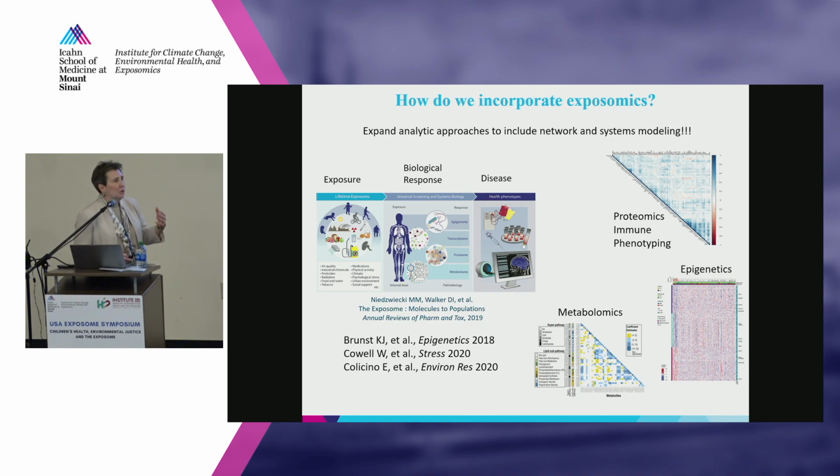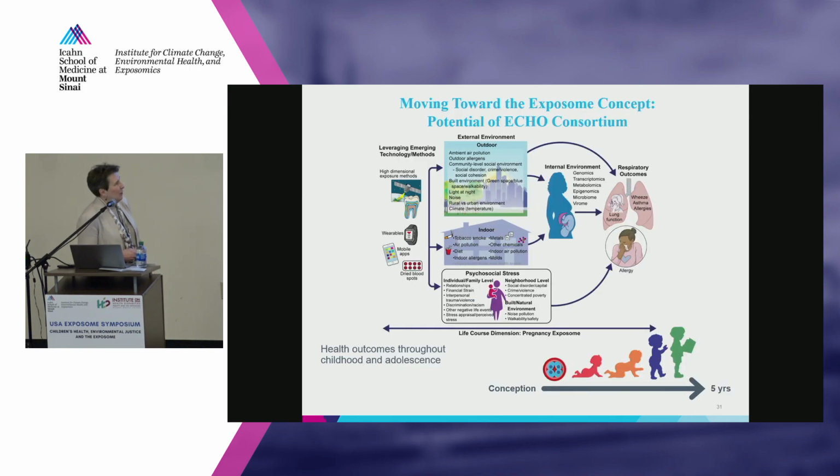Ultimately, it's going to be great to do multidimensional omics assessments of what the biology is and how the biology changed. And we're doing epigenomics, metabolomics, proteomics, and immune phenotyping as part of that. But to Matt's point, we have got to go upstream and figure out what the drivers are if we're going to have any impact down the road.